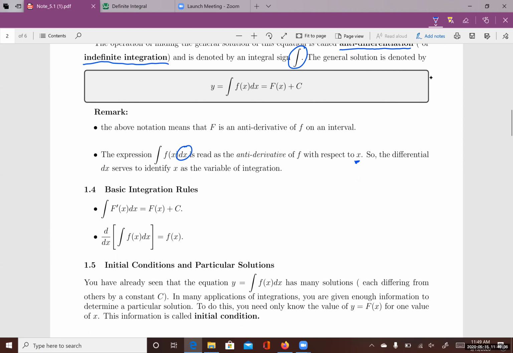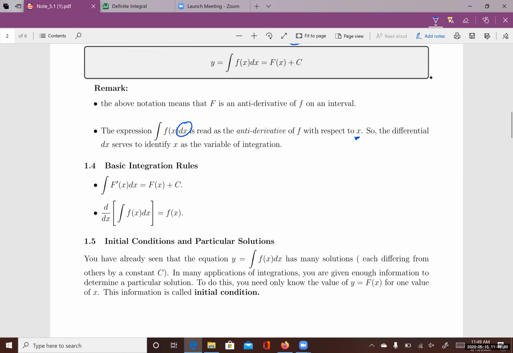There are two basic integration rules that you want to keep in mind. First, the antiderivative of the derivative of a function is itself. So if you find the integral of the derivative of the function big F of x, you get big F of x.